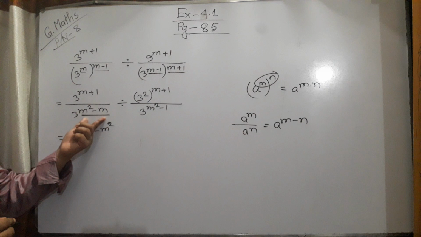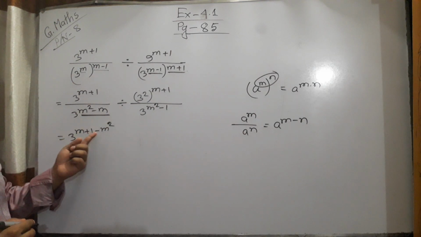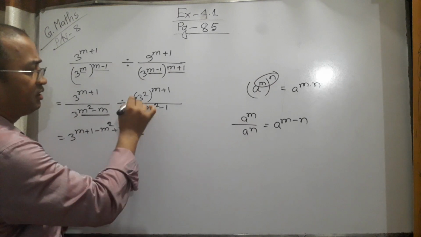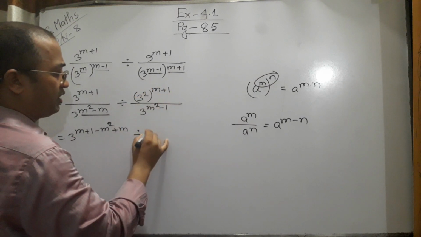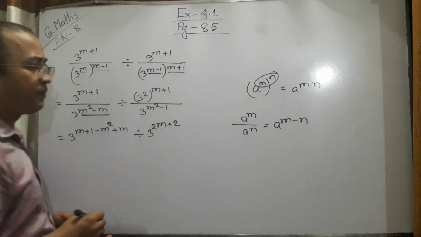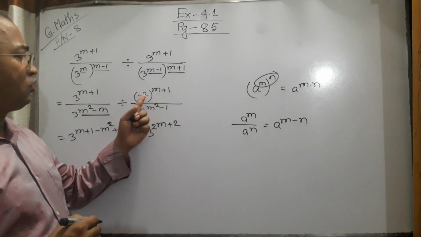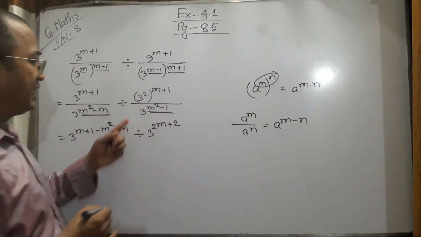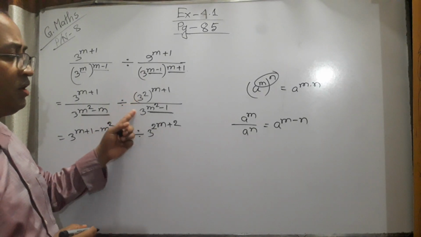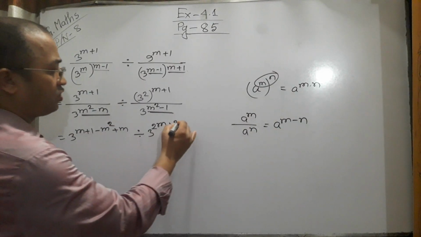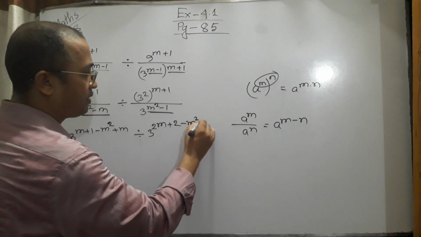This m square minus m will be subtracted, so minus m square plus m. Since the base is equal, the powers will be subtracted. So it will be m minus 1.